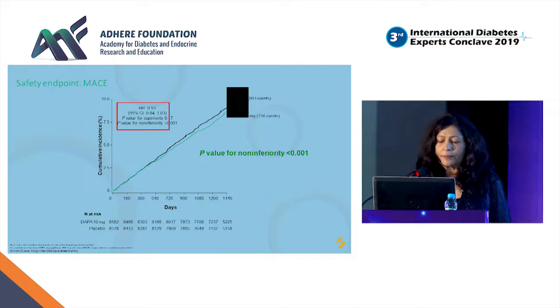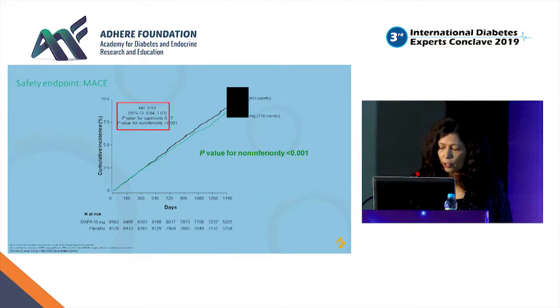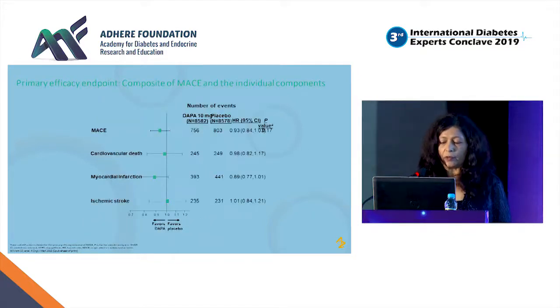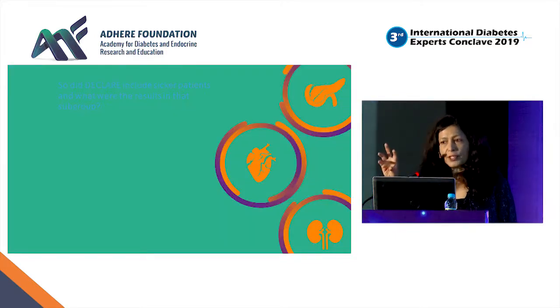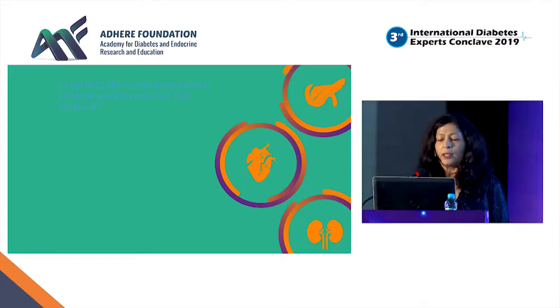At the same time, it also showed that hospitalization for heart failure was significantly reduced with dapagliflozin, which was also a primary endpoint, and the composite of CV death and heart failure hospitalization was significantly less, mainly driven by hospitalization for heart failure. That is, again the risk of heart failure was reduced with dapagliflozin in DECLARE. Now, there were also some patients, 40% of patients in DECLARE, who had established cardiovascular disease.